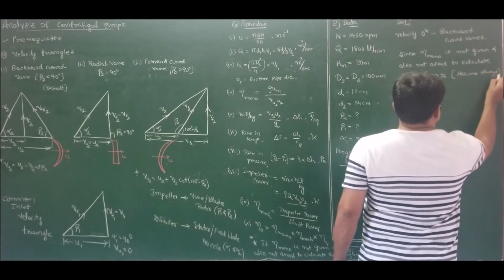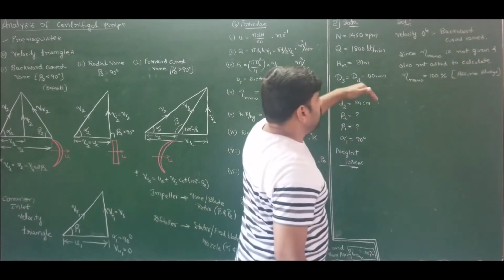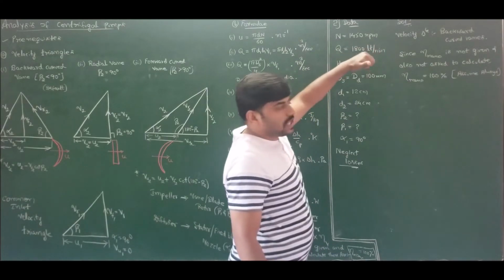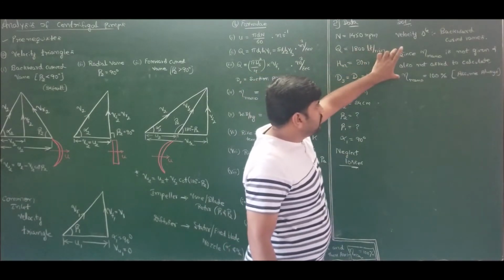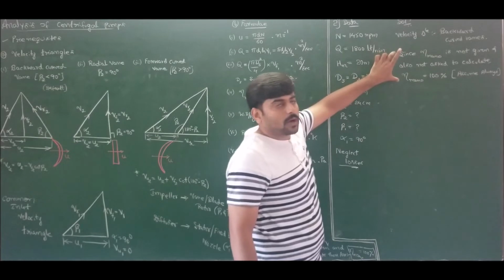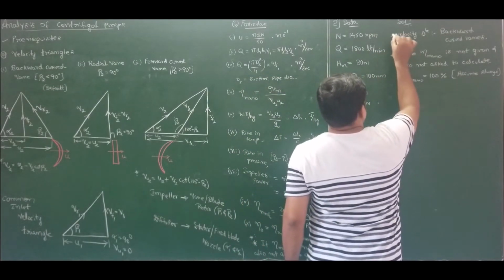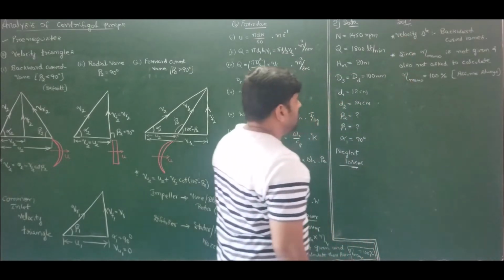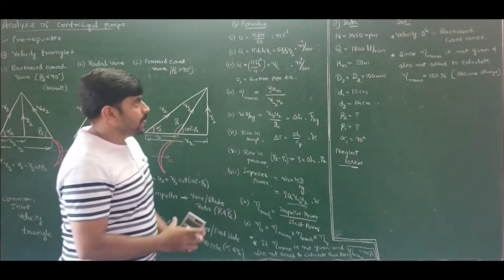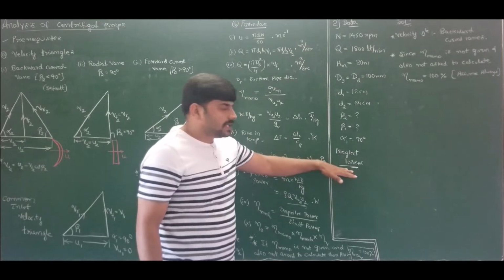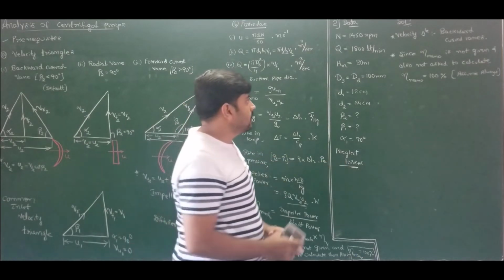You should always assume, if manometric efficiency is not given and also not asked to calculate in the problem, take the manometric efficiency as 100% and approach the problem. This is a very important note which I have given you in the last class itself. That is, we are neglecting the losses. He is also stating that neglect the losses and solve the problem.